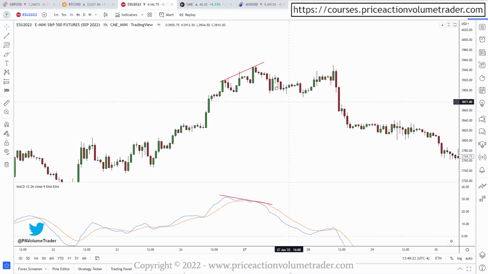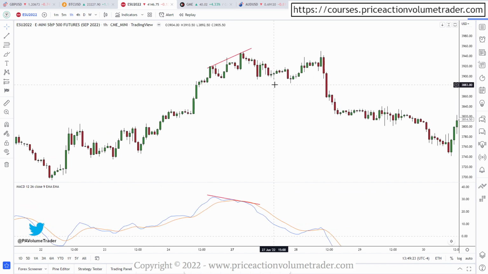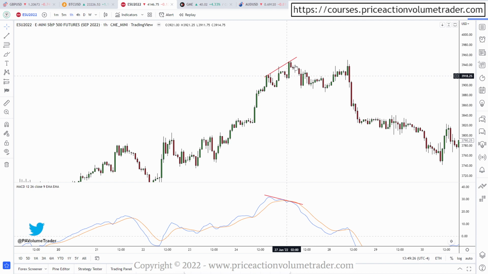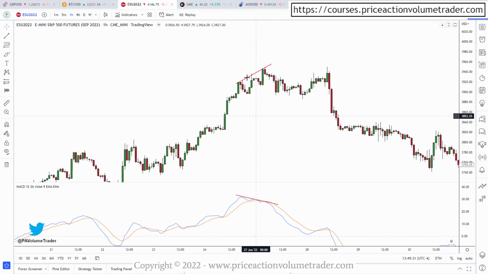Here we have a nice little reversal here. Again, this is something that could have been really good in short-term trading, because as you can see, it took a little time for market to actually collapse, but we did get the signal here, 3 drives down.